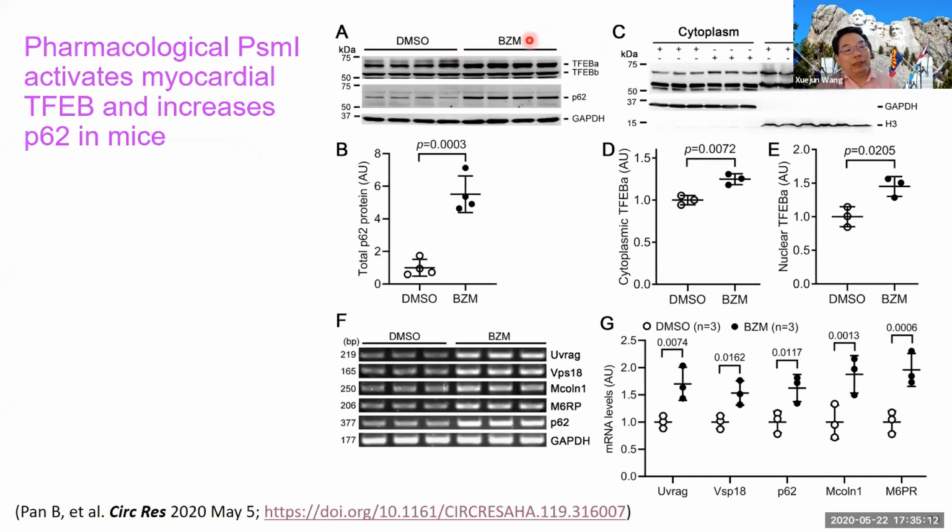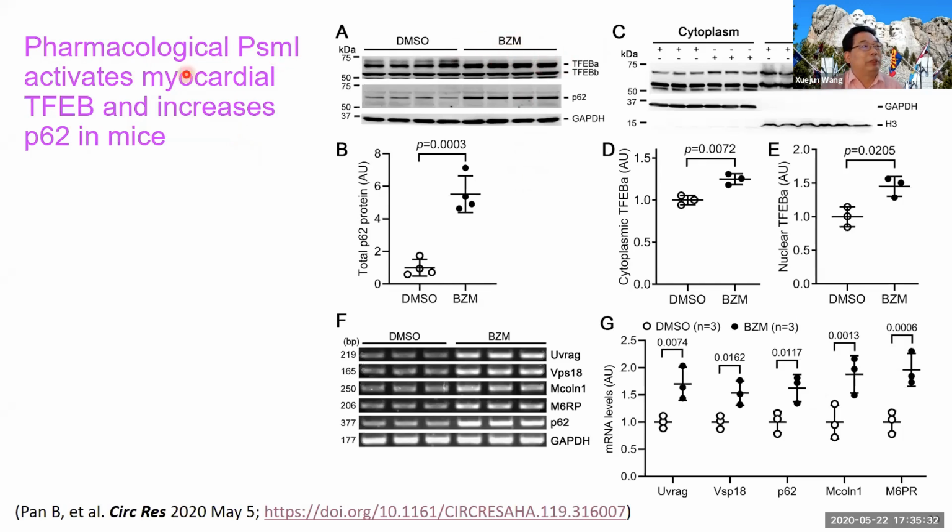This is actually the first FDA-approved proteasome inhibitor that has been used clinically to treat a couple of diseases, primarily multiple myeloma, very effectively. So we use that to inhibit the proteasome.